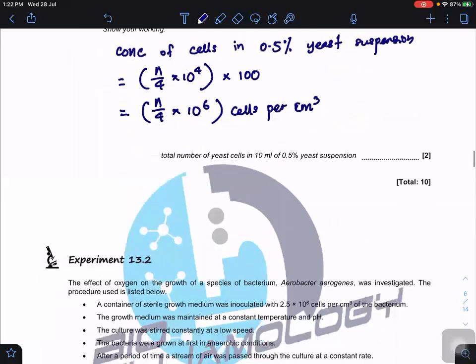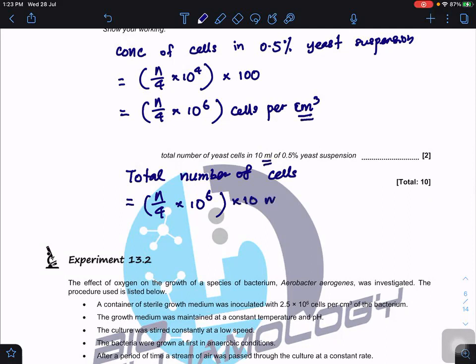So what's the total number of cells now in 10 ml? The total number of cells will equal n over 4 multiplied by 10 to the power of 6, because that is per cm cube. Now we have 10 ml, right? So multiply by 10 ml. Then the total number of cells in 10 ml is n over 4 multiplied by 10 to the power of 7.